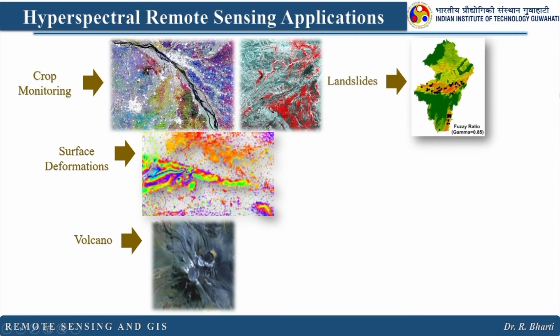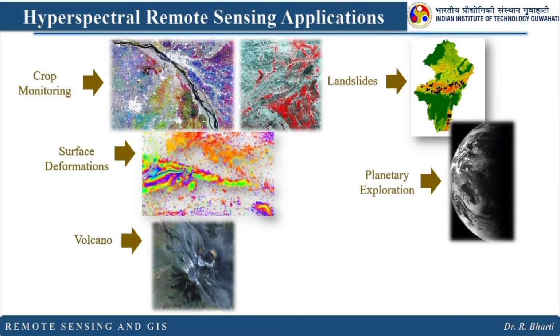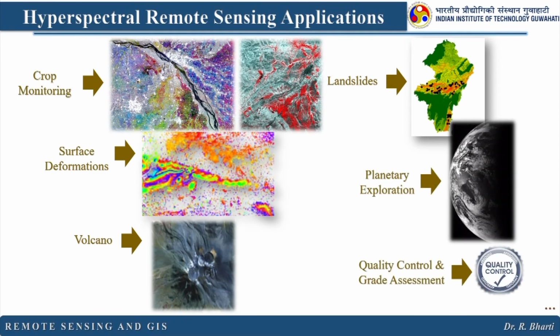Then landslide mapping, then planetary exploration and quality control and grade assessment. Some of these applications may not require the data directly from hyperspectral remote sensing, but one of the parameters which plays a very critical role in that application can be derived from it, right?